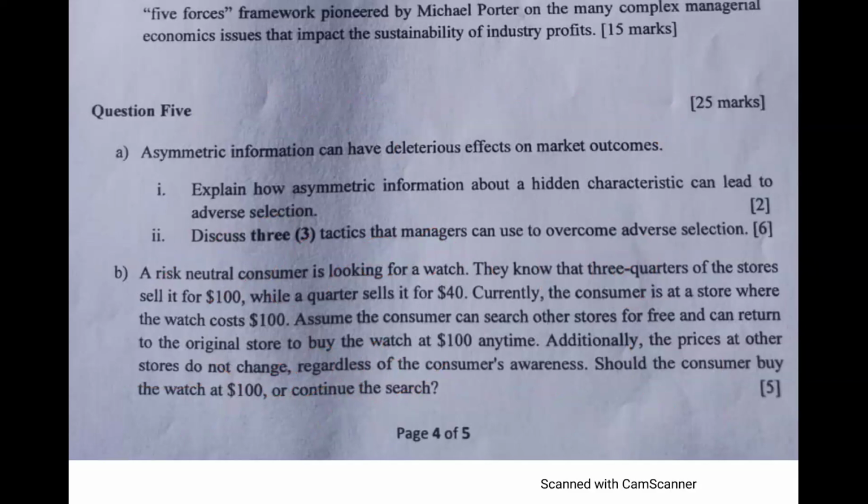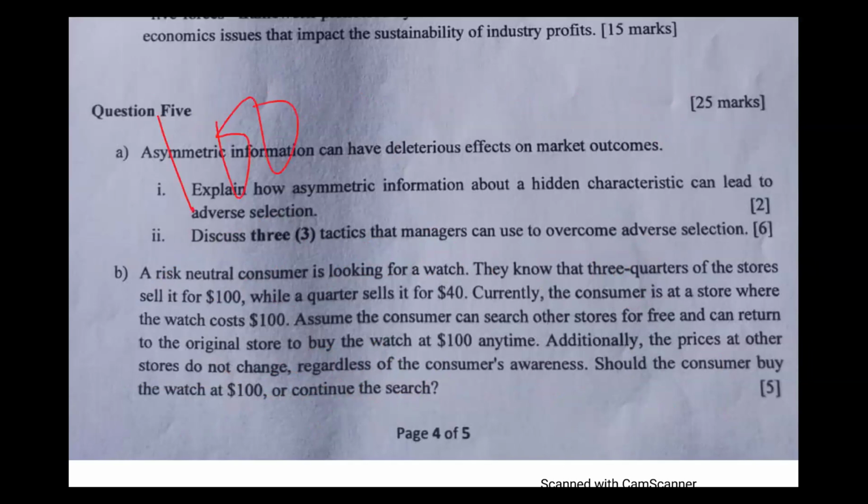Now let's go to part B of question 5. It says, a risk-neutral customer is looking for a watch. Underline the word risk-neutral. They know that 3/4 of the stores sell for $100, while a quarter, which is just 1/4 of those, sell at $40.